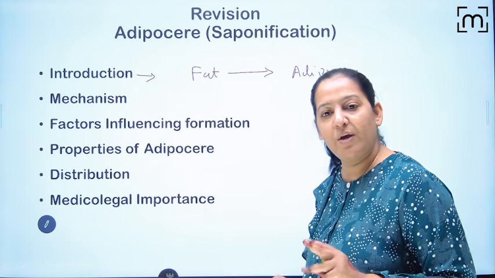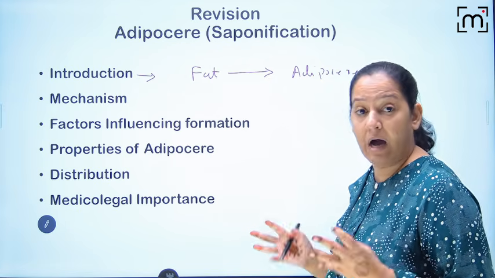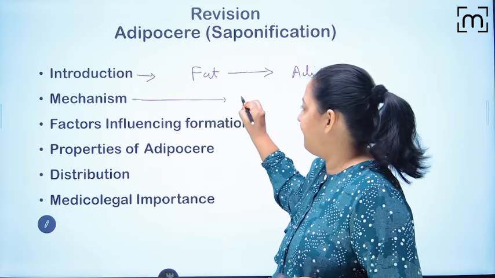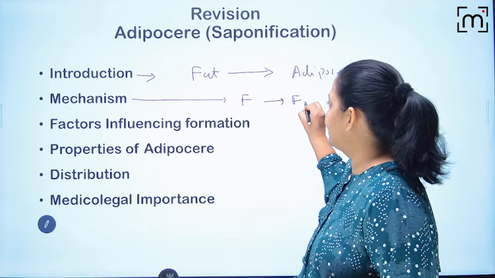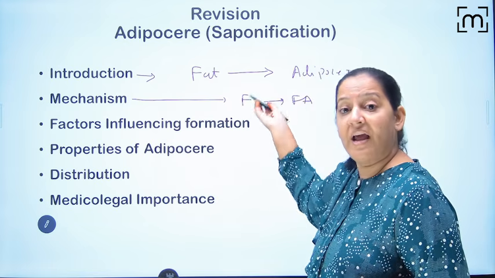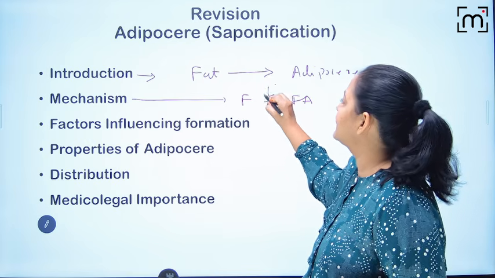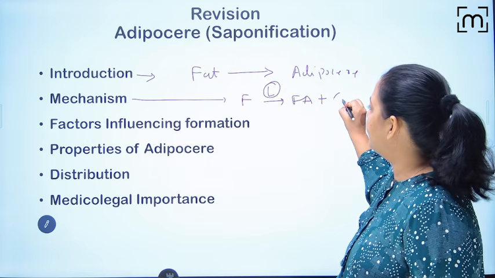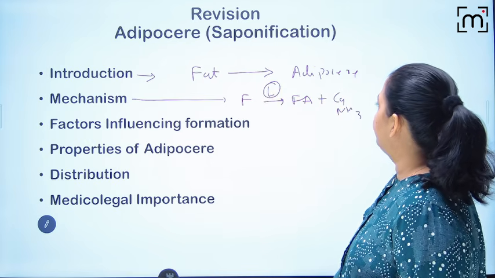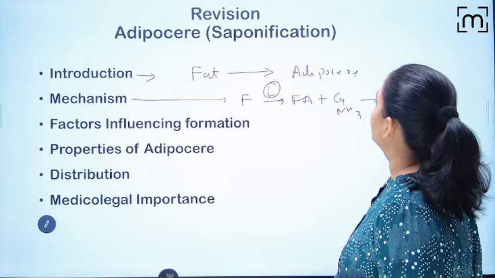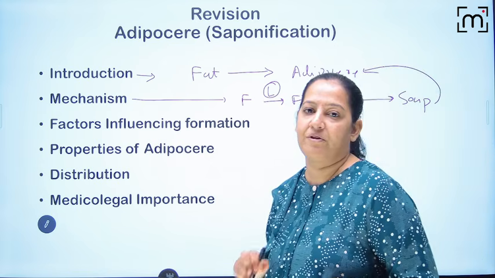It's a waxy, greasy, water-resistant soap, and that is known as adipocere. How does it occur? The fat gets converted to fatty acid because of hydrogenation and hydrolysis by lipase enzyme. And this fatty acid combines with calcium and ammonia, and it forms the soap. This soap is known as adipocere, and it prevents putrefaction.